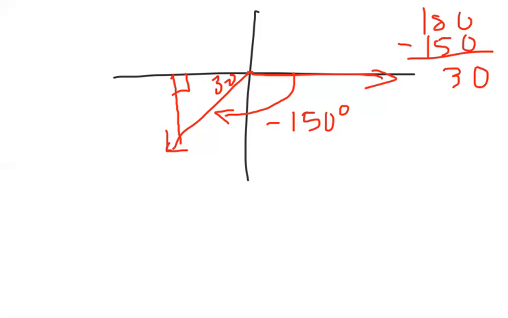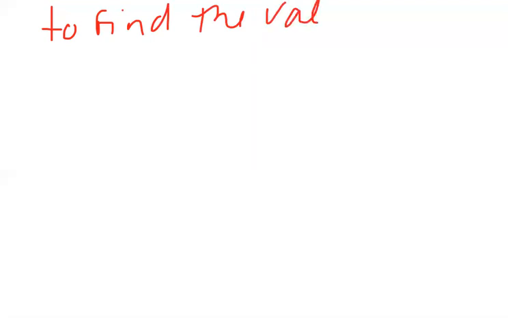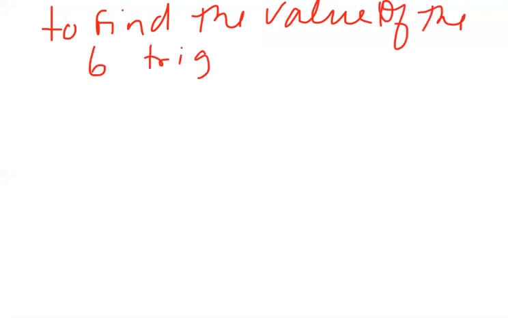All right. Now, hopefully, you guys are getting this, but of course, if you're not getting it, I can go ahead and clarify some of this in class for you. Now, we are actually going to use the reference angle to find the value of the 6 trig functions, guys.